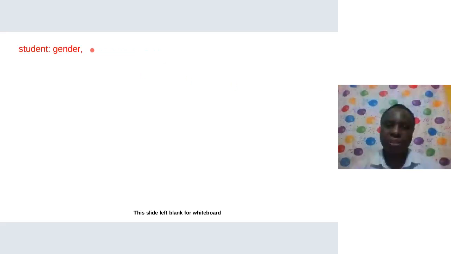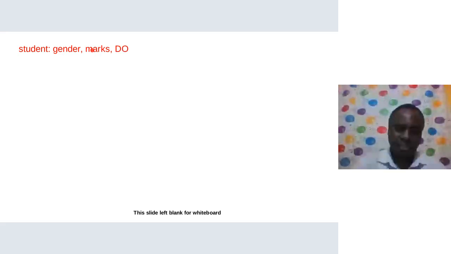So we wanted to capture gender, marks. We wanted to capture date of birth, DOB, registration, when this student registered at the institution. So this is the date. So these are about the date.